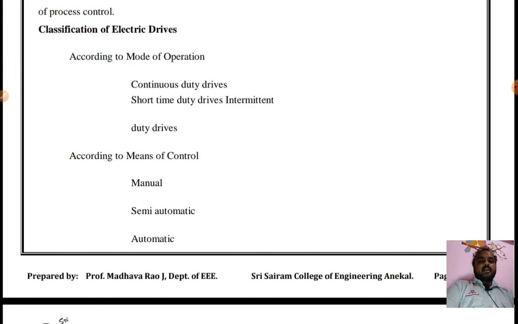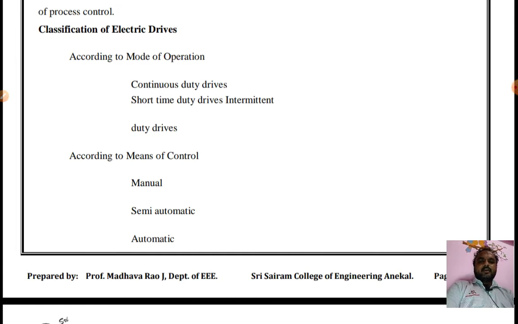Short time duty drives are intermittent, meaning we use them whenever required and switch them off at other times, for example an electric fan. Then there are intermittent duty drives, like lifts and cranes. These are the modes of operation.